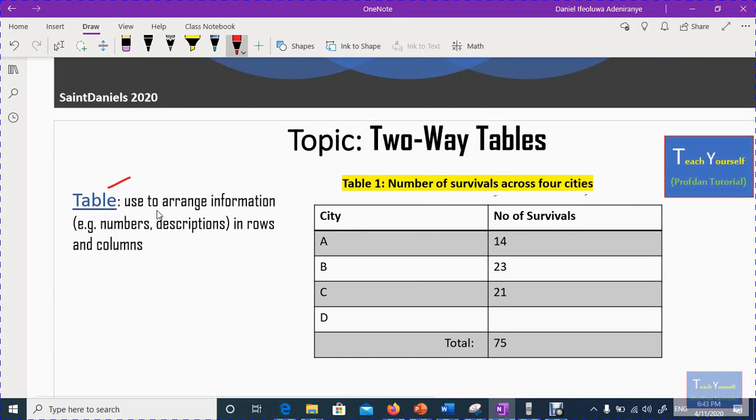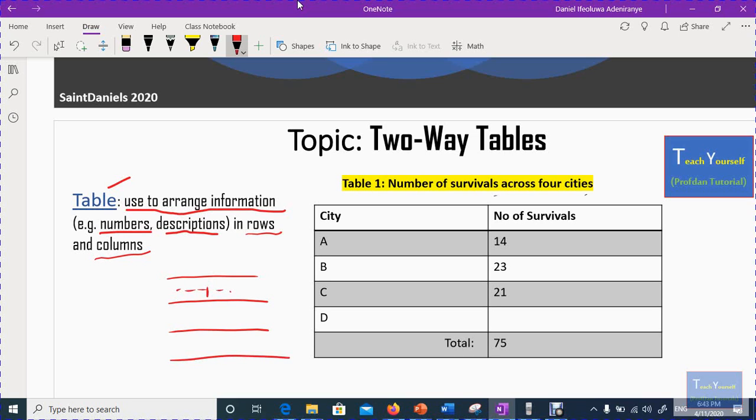A table basically is used to arrange information. This information could be numbers, it could be describing something, but one important thing is that this information is arranged in rows and columns. Now, what do we mean by row? You recall that when you have something lying in a horizontal position, this is a row.